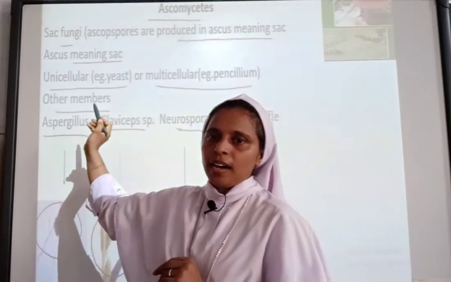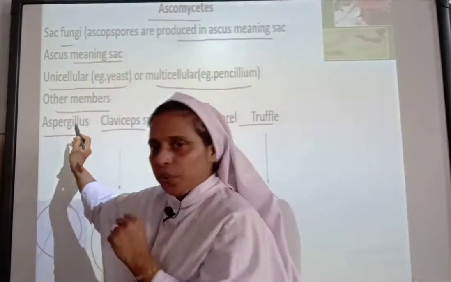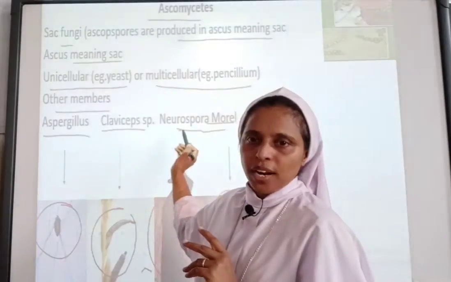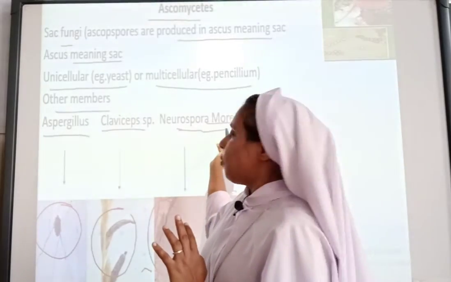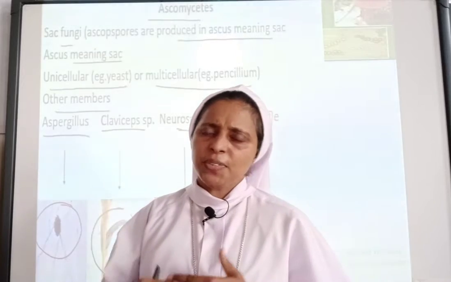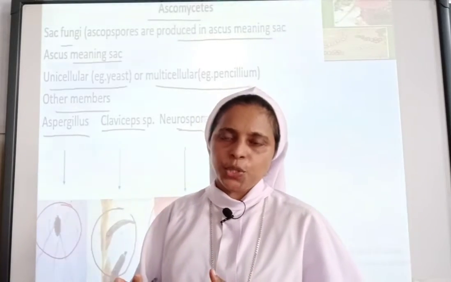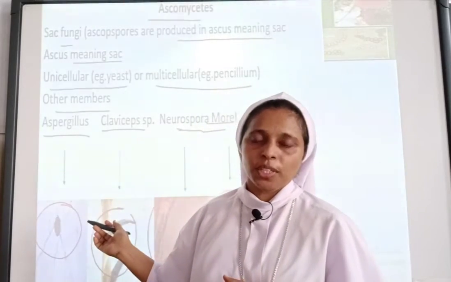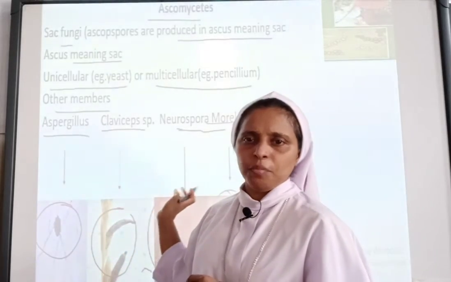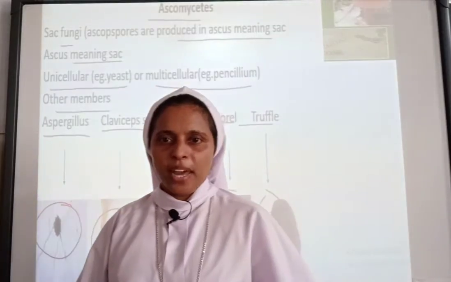Other members are Aspergillus, Claviceps, Neurospora crassa, morel and truffle. Neurospora crassa is very easy to grow and is used for biomolecular studies. Truffle and morel are very expensive food items.